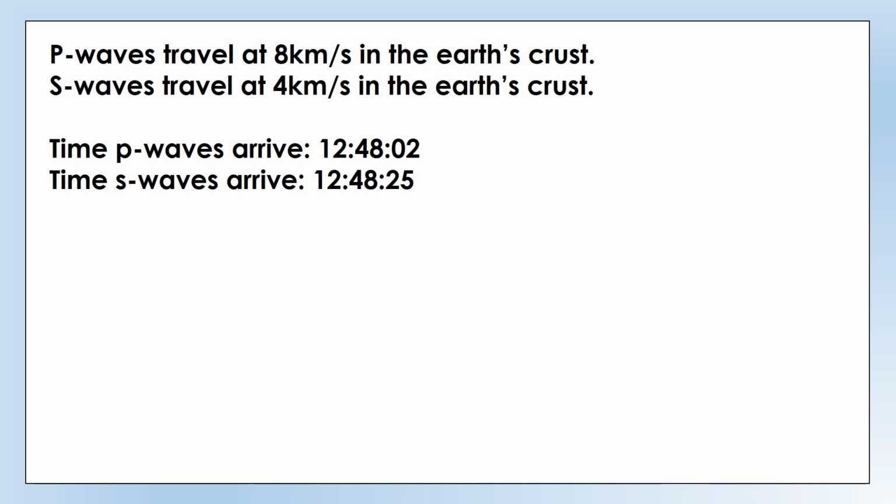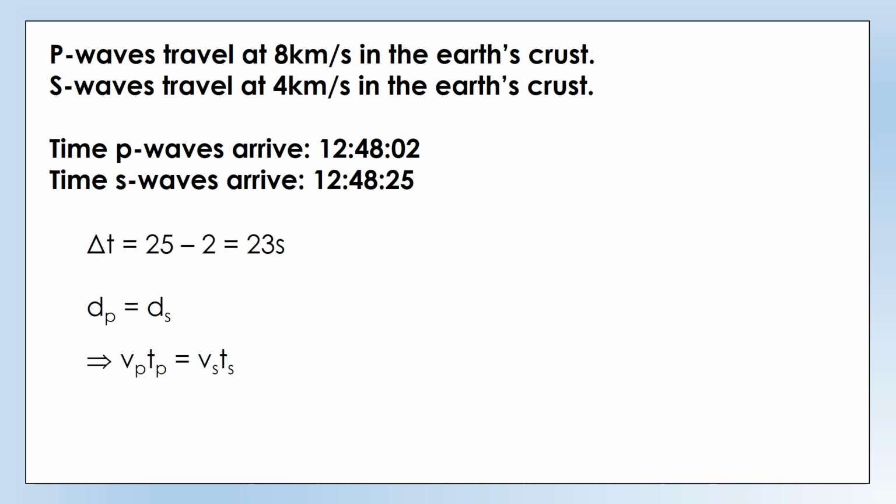We just know when we detected P waves and when we detected S waves about 23 seconds later. So first of all, we know the difference in time is 23 seconds. And we know that the distance the primary waves have travelled is the same as the distance the secondary waves have travelled, because they both come from the same place to the same place.